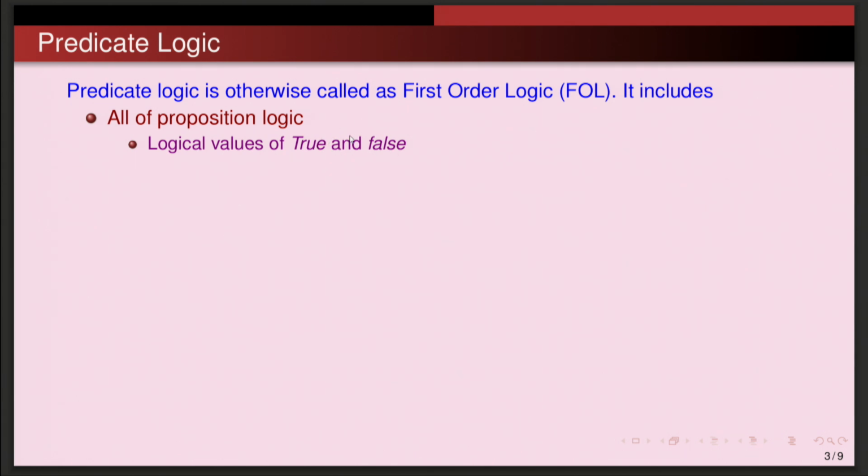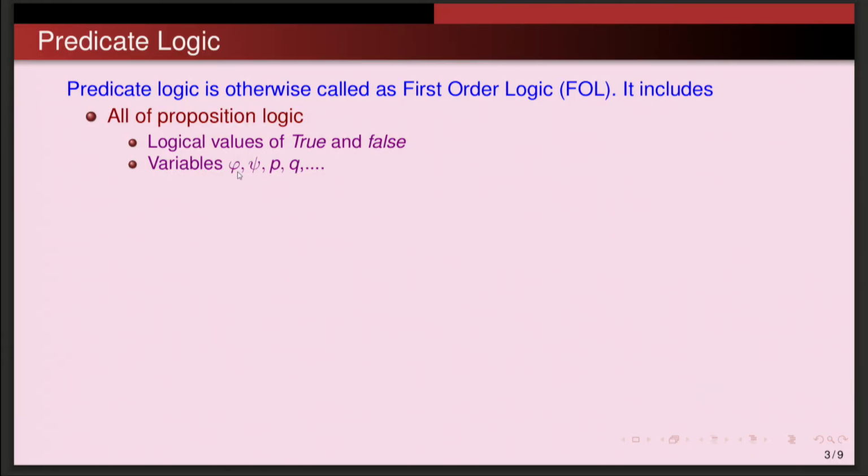Say for example, today is sunny or today is 36 degrees centigrade, that can be considered as either true or false. Those kinds of statements, which are the propositions, belong to the predicate logic as such. Then the variables phi or psi, which is again a formula in the proposition logic structure, along with the constants p, q.